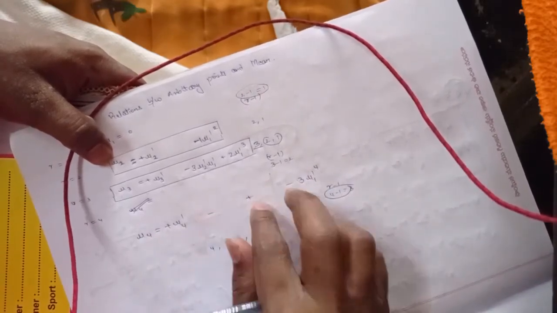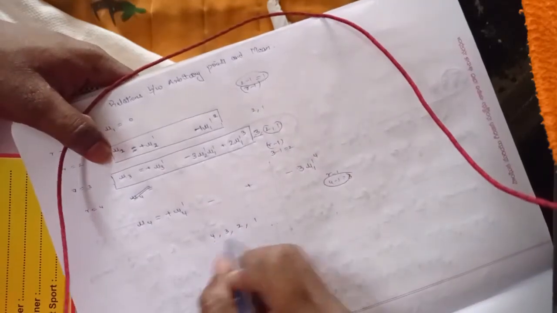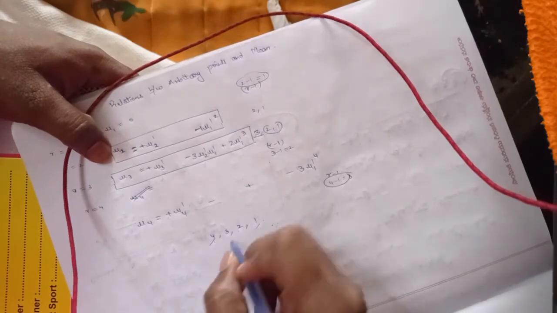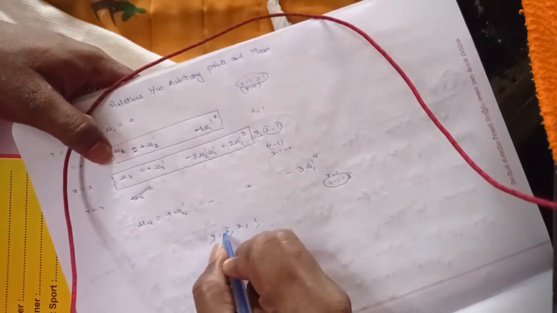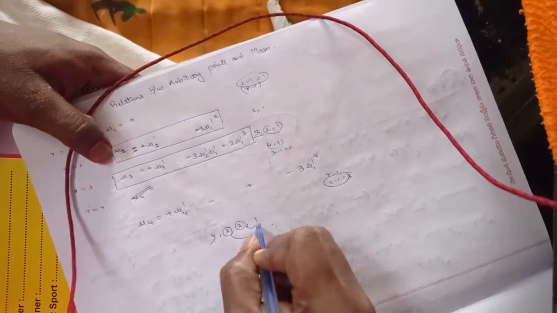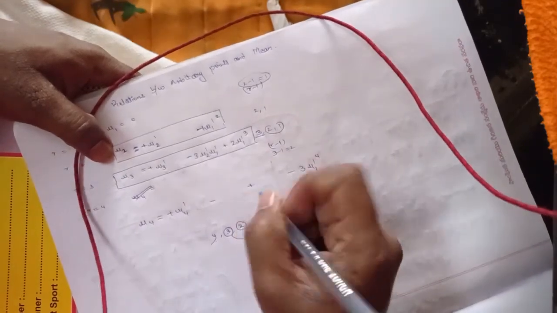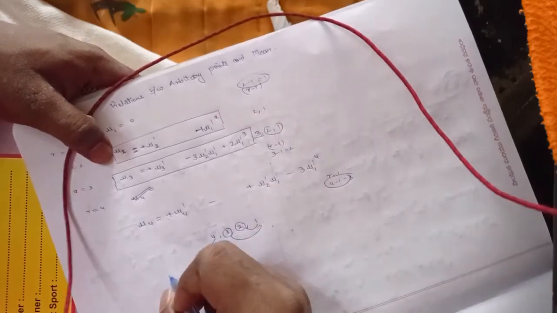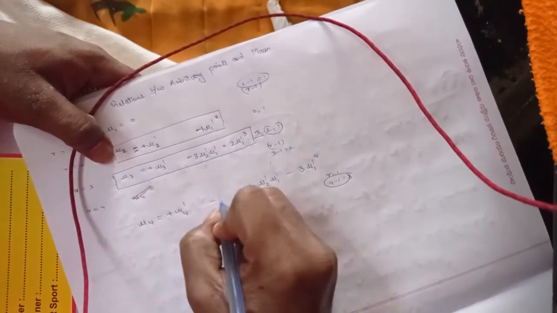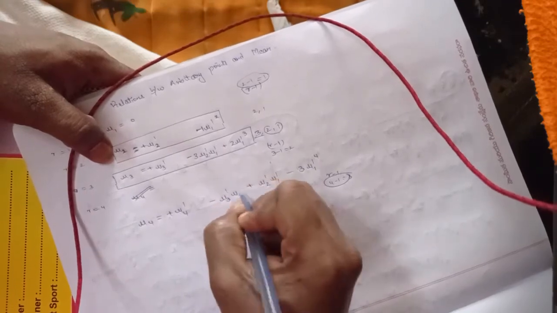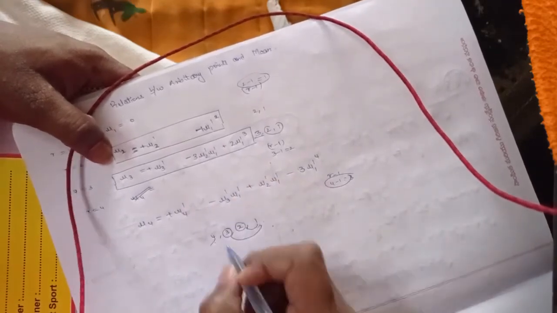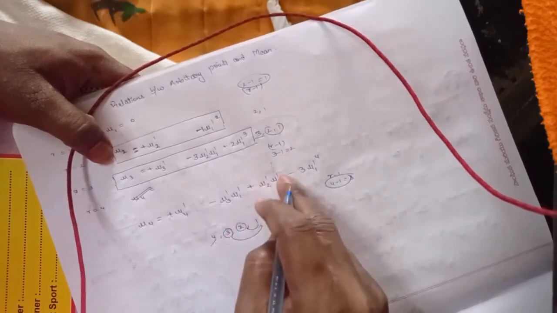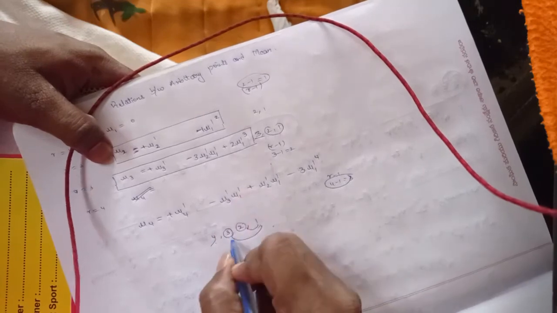What about the middle terms? For the middle terms, we will consider the sequence 4 3 2 1. We have completed 4 as well as 1. So what is the remaining? We have to form combinations with 3 and 1, and 2 and 1. That is u2 dash u1 dash, and next u3 dash u1 dash. Now we have to add the coefficients before u2 dash u1 dash as well as u3 dash u1 dash.